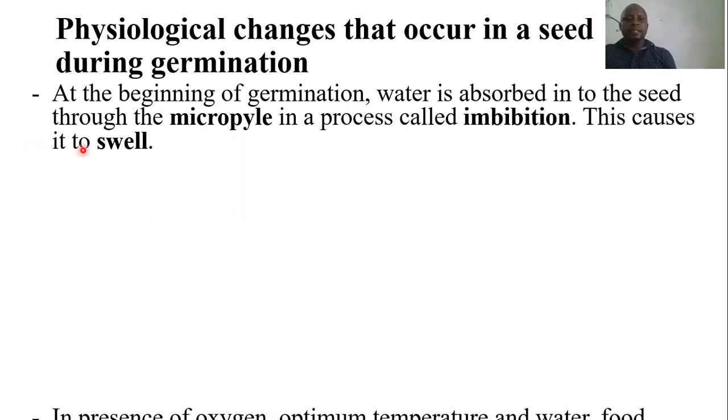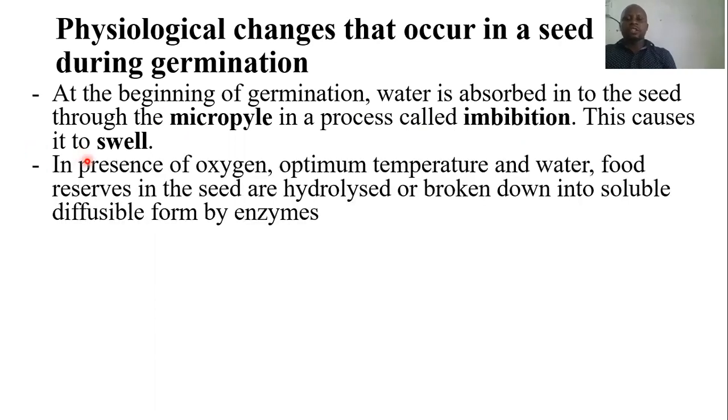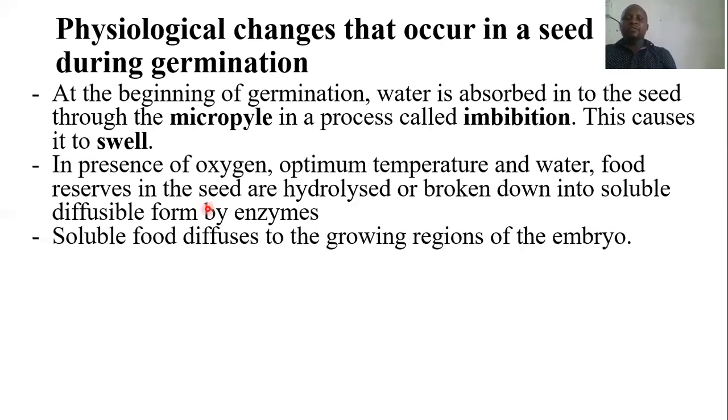Next, in the presence of oxygen, optimum temperature, and water, food reserves in the seed are hydrolyzed or broken down into soluble diffusible form by enzymes, as we have learned earlier. Then the soluble food diffuses to the growing regions, that is the plumule and the radicle.